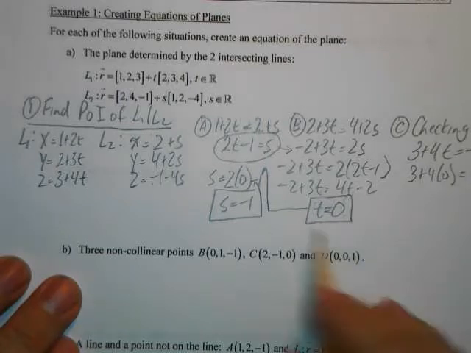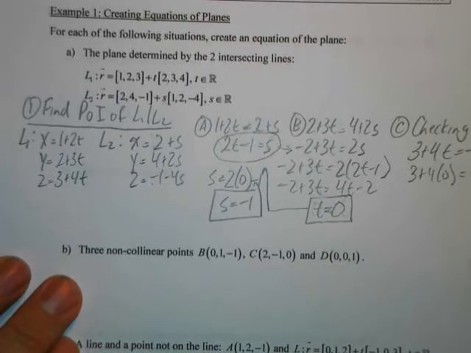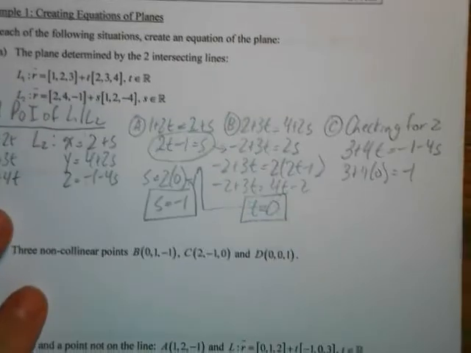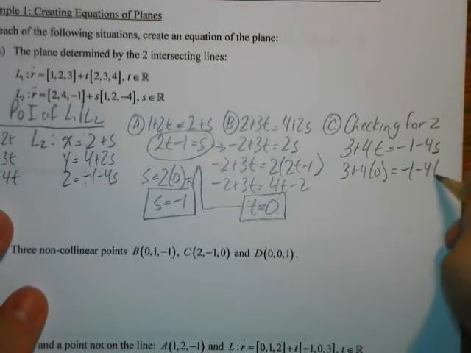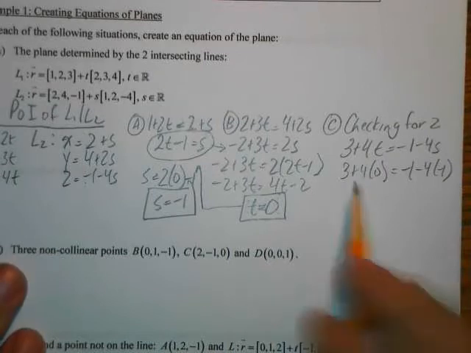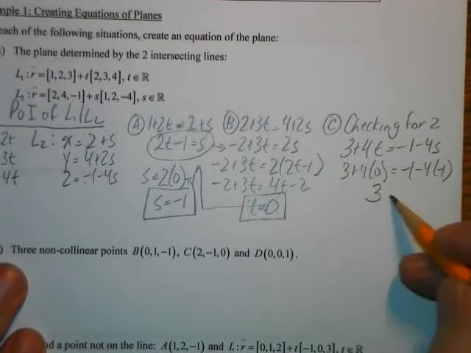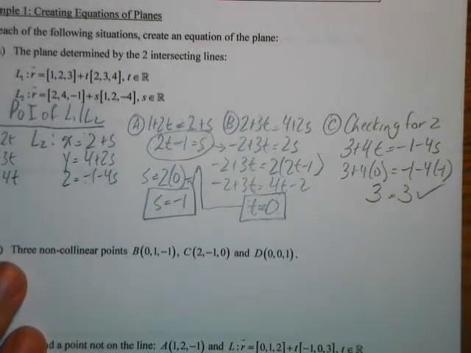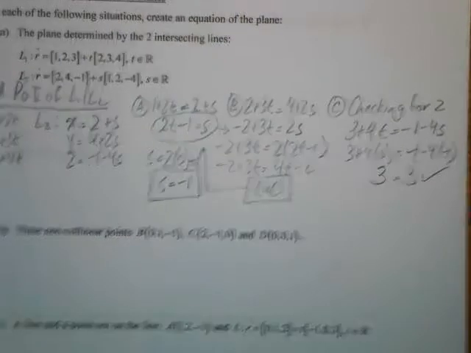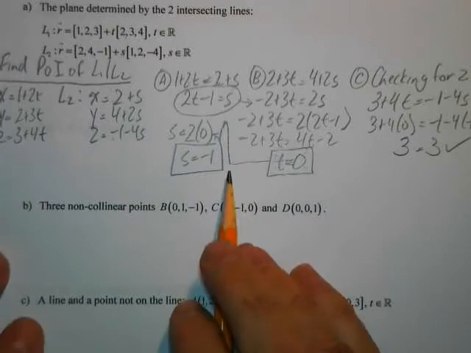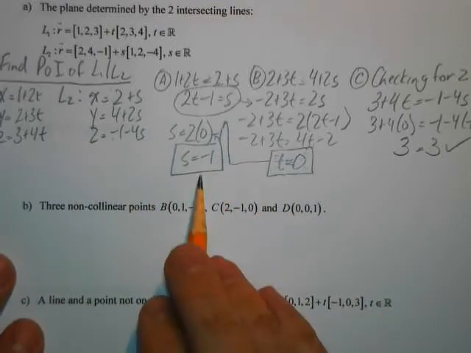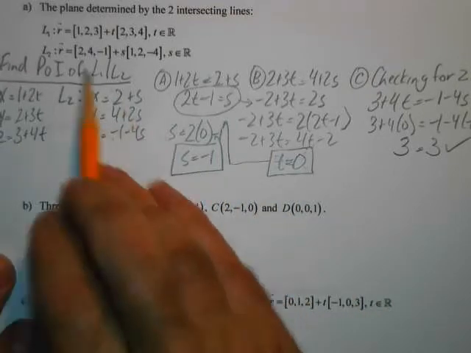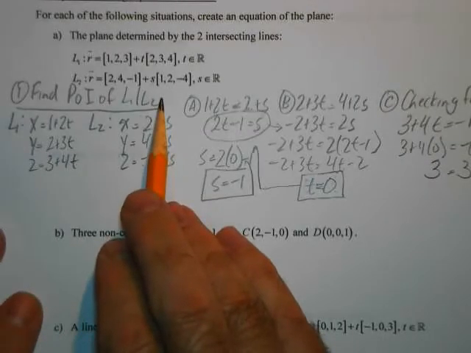And if I plug in my negative 1 for s, I get negative 1 minus 4 times negative 1. So on this side, I basically got 3. On this side, I got negative 1 plus 4, which is also 3. So that is a true statement. So I know that t equals 0, s equals negative 1 in both of these equations will give me the point where they intersect.